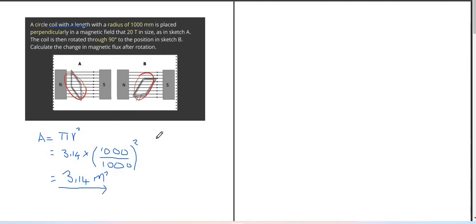You have B, as in the previous question, it's still 20 Teslas. And we can now calculate the change in magnetic flux. The change in magnetic flux is going to be given by the magnetic flux at B when it was rotated, minus the magnetic flux at A when it was still perpendicular.